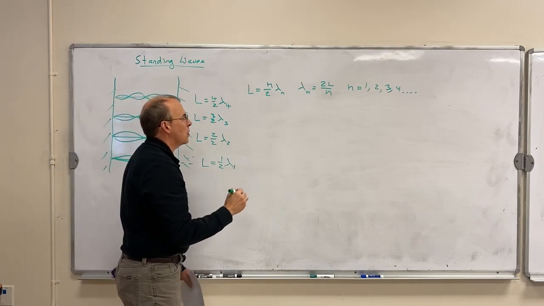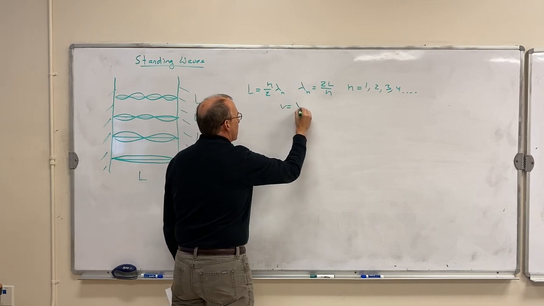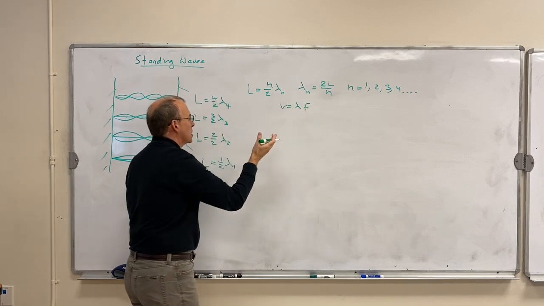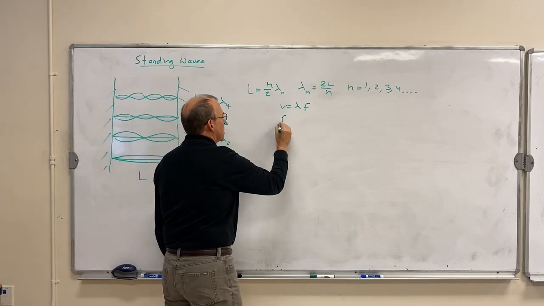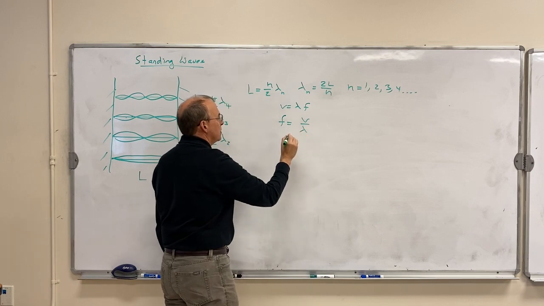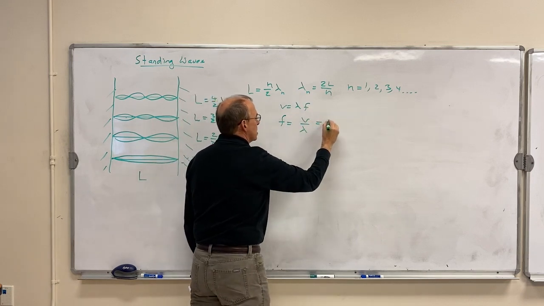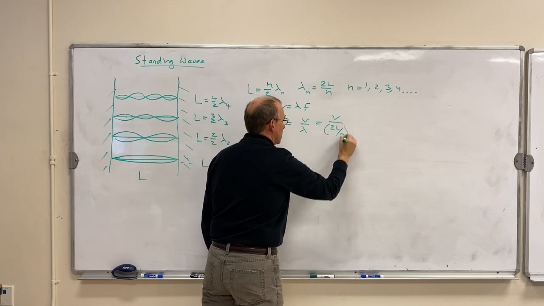So let's think about what the frequencies would be. We know v is lambda f, where v is the velocity of a wave on the string. So the frequency would be v over lambda. Lambda is this, so this would be v over 2L/n.